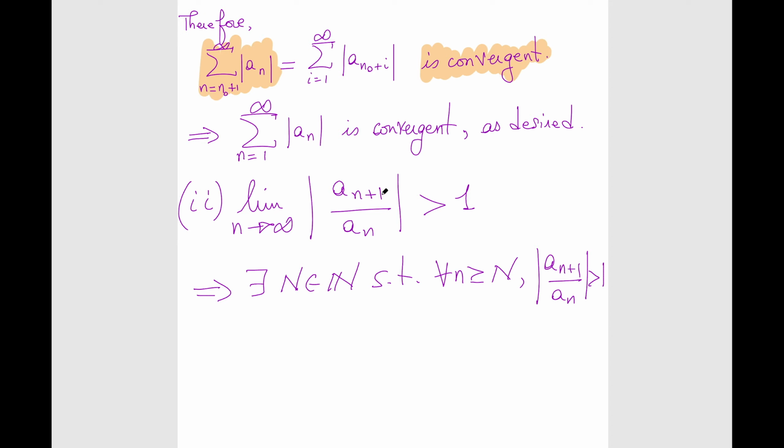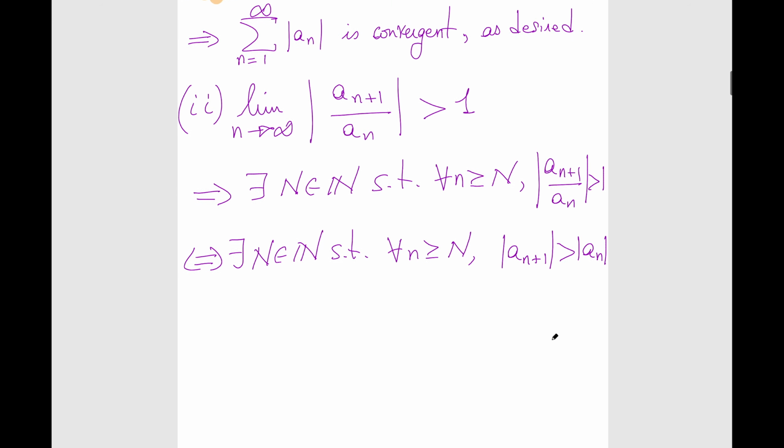It means that the terms Bn start being above 1 from a certain rank on. This is exactly what I said. And what does this mean? This means that there exists a capital N such that for any n greater than or equal to N, the absolute value of a sub n plus 1 is greater than the absolute value of a sub n, right? If you multiply both sides by the absolute value of a sub n, you get this. Make sense? Okay.